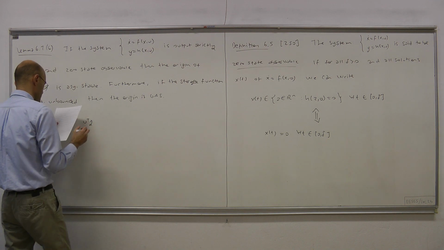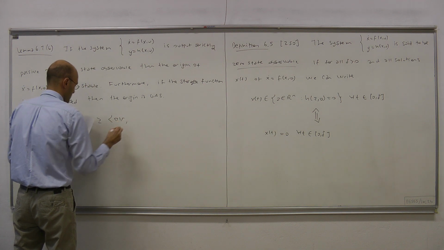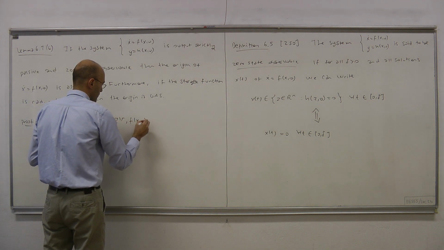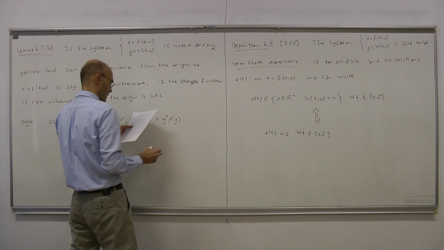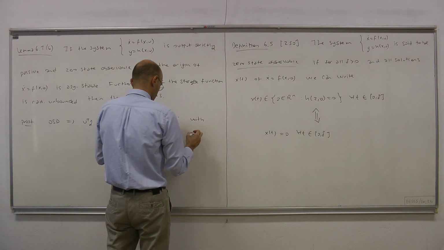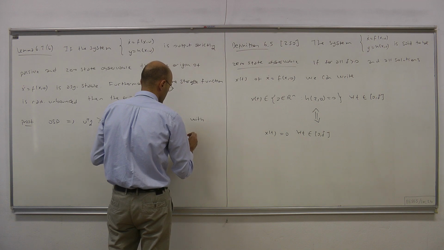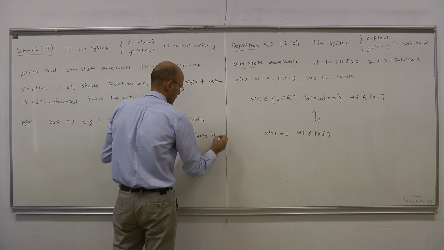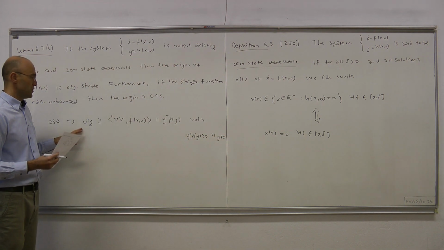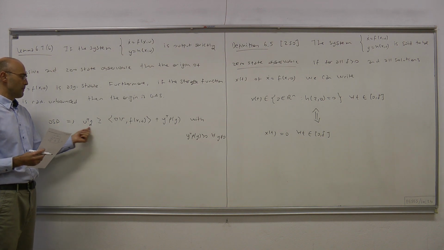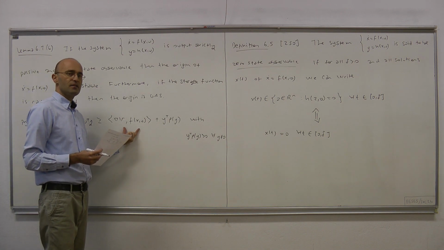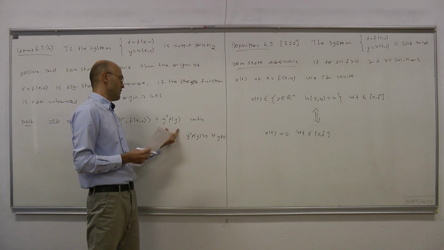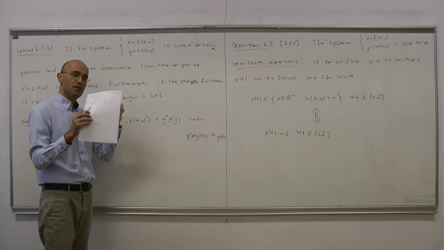So this is the definition of output strict passivity. The inner product of input and output, u transpose y, is never less than V dot, where V is the storage function, plus this positive definite function of the output.